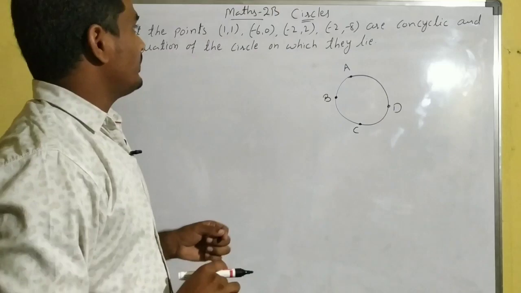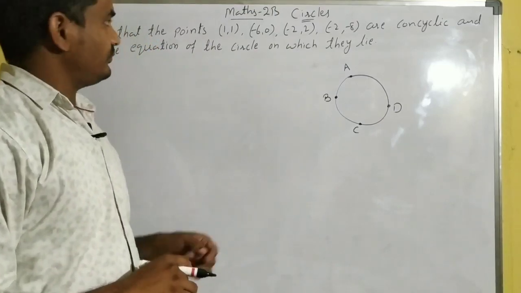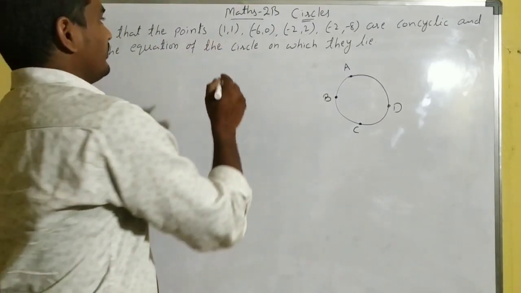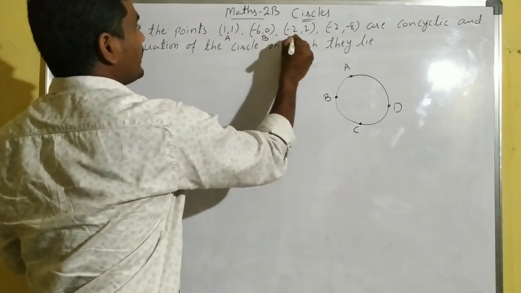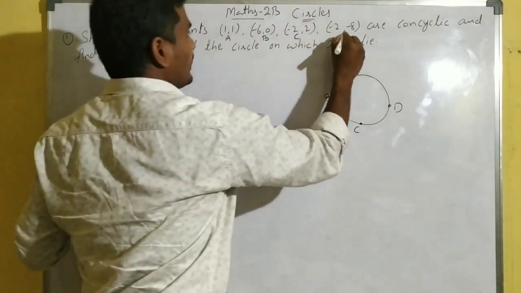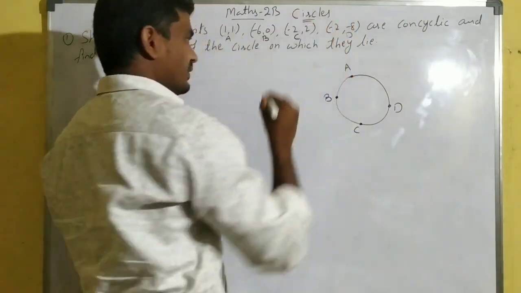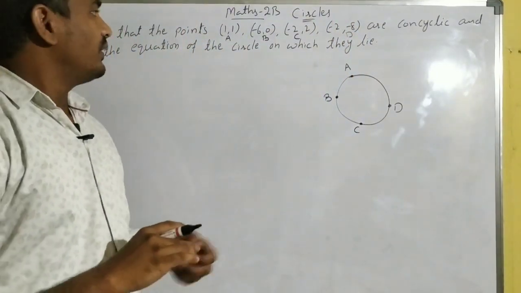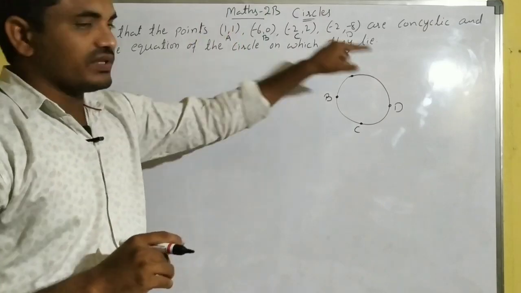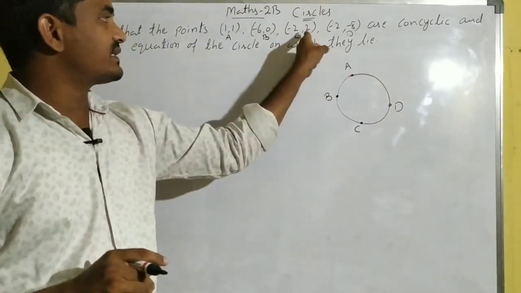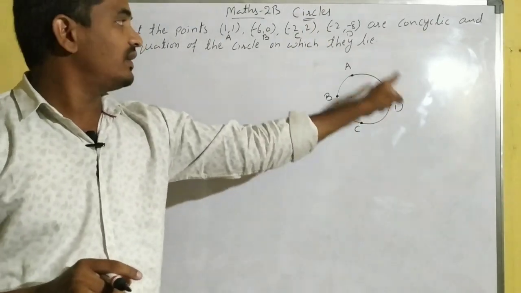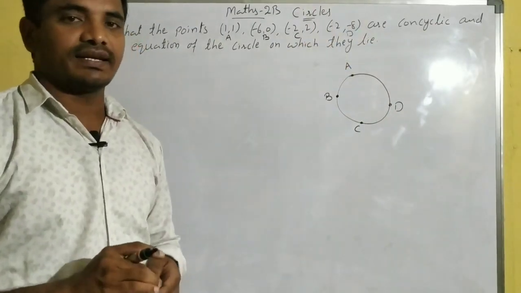So here I'm taking (1, 1) as point A, this is point B, this is C, and finally D. We know this point is on the circle, the second point is also on the circle, C is also on the circle and D is also on the circle.